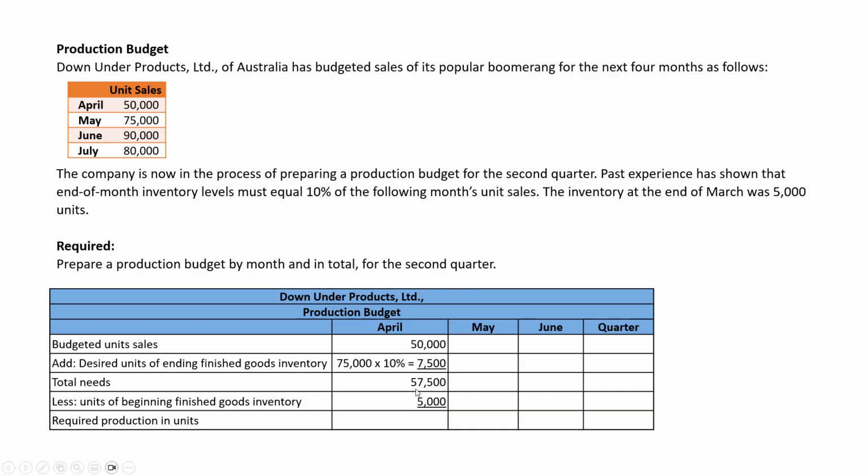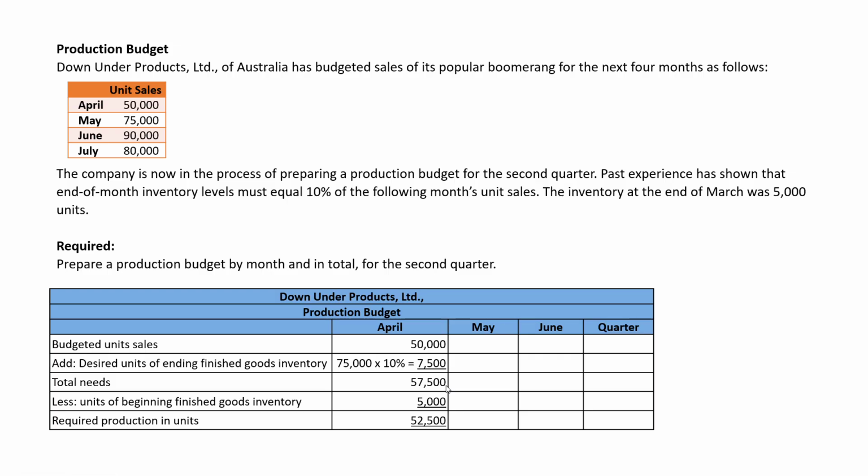So let's take that total needs of $57,500, and they tell us at the end of March, which would be the beginning of April, we had 5,000 units on hand. So let's subtract out those 5,000 units from the 57,500, and that means we only need to produce or build 52,500 units since we already have 5,000 units on hand to meet our total needs of sales and ending inventory of 57,500.